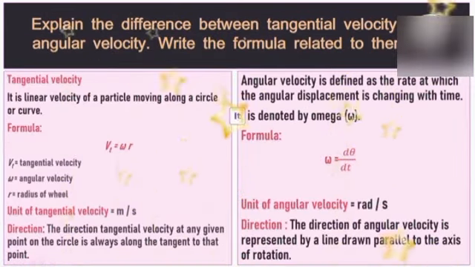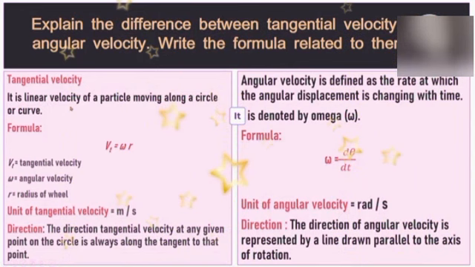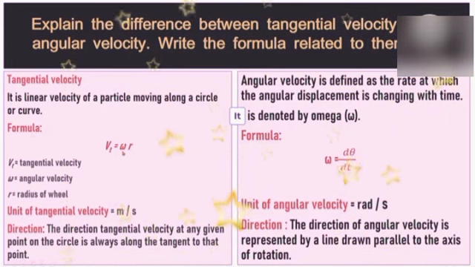Explain the difference between tangential velocity and angular velocity. Write the formula related to them. Tangential velocity: it is the linear velocity of a particle moving along a circle or curve. Formula of tangential velocity is Vt is equal to omega into r.